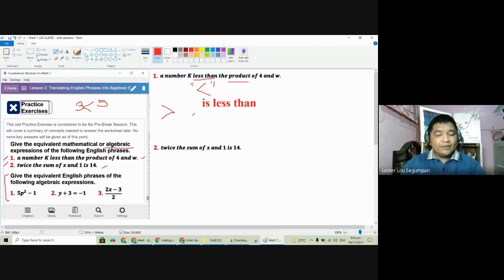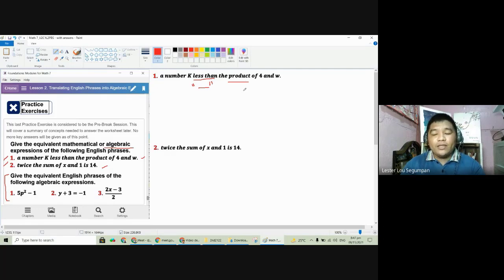Not just more than, not just greater than, but there is a verb is. My point of sharing that is to make us understand that this keyword is not for this symbol. That keyword is actually for subtraction.